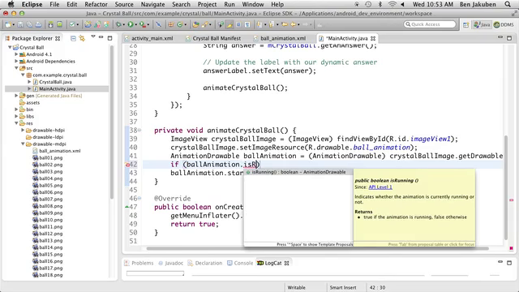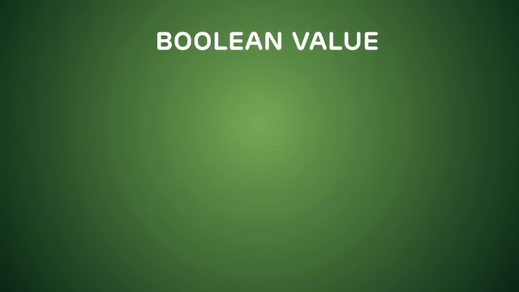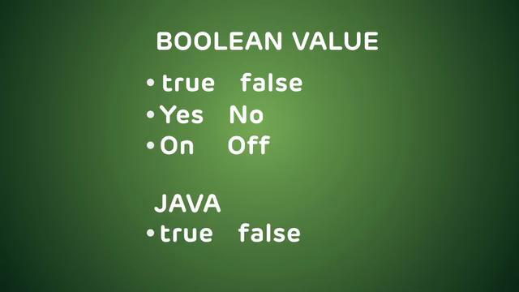In IntelliSense, the keyword after the colon is the data type of the data returned by the method. This method returns a Boolean value, which we haven't talked about yet. A Boolean value is a simple or primitive data type that can be either true or false, yes or no, on or off, whatever you want to call it. That's it. Java uses the keywords true and false for Booleans, so we'll stick with those.